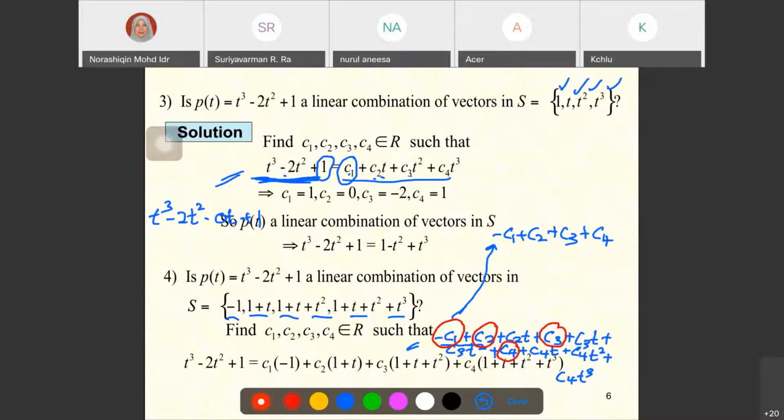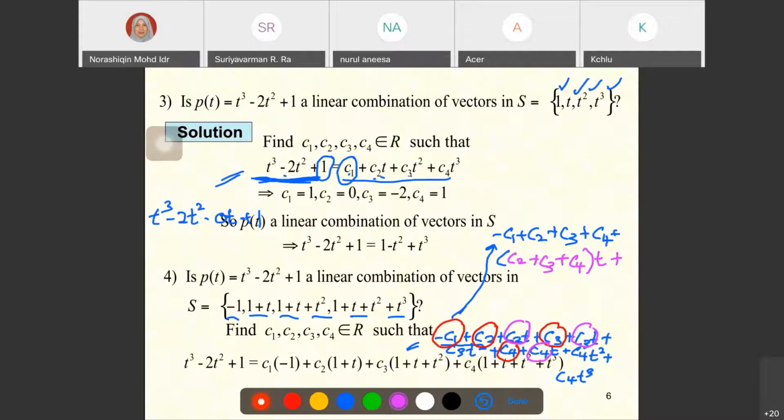Okay. Right. And with the T kita ada C2T, C2 plus C3 plus C4. Ada lagi? Tak ada. Right? Yes.